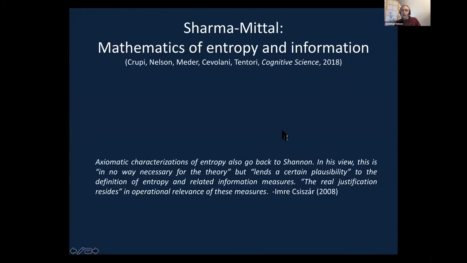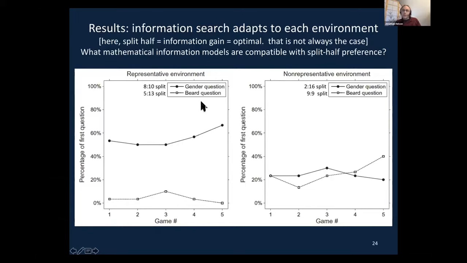Okay, now we might ask what's going on there. For instance, it could be that kids are using this split-half strategy. There's data from other tasks I won't talk about today that suggests that they maybe don't always do the split-half strategy.